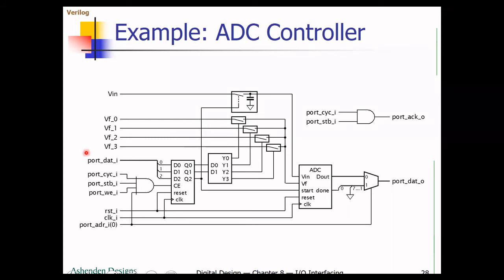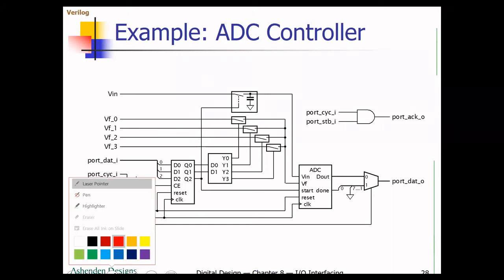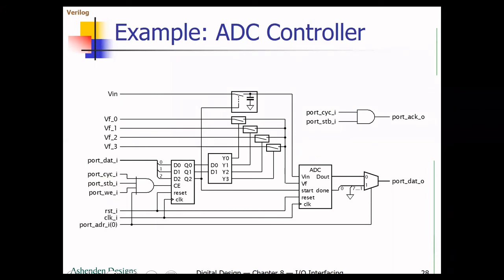Here, port data in is nothing but the input from the processor given to the ADC controller. It is an input given from the microprocessor. In the same way, cycle in, strobe, and read/write signals are all inputs from the same source, the microprocessor.